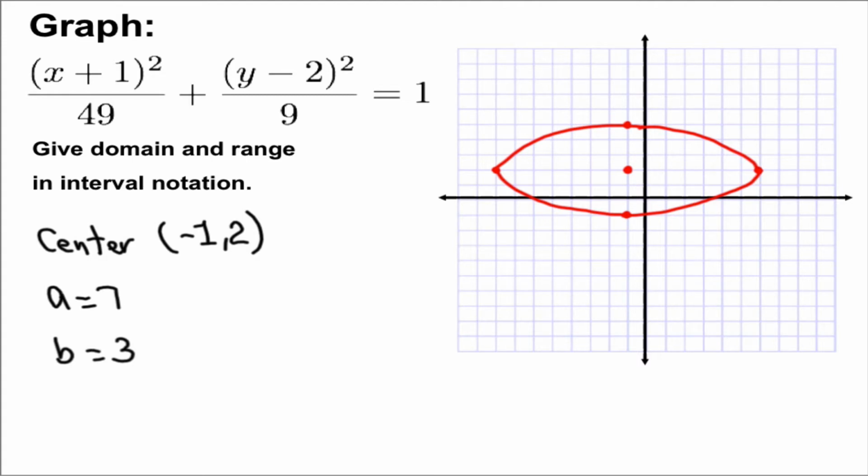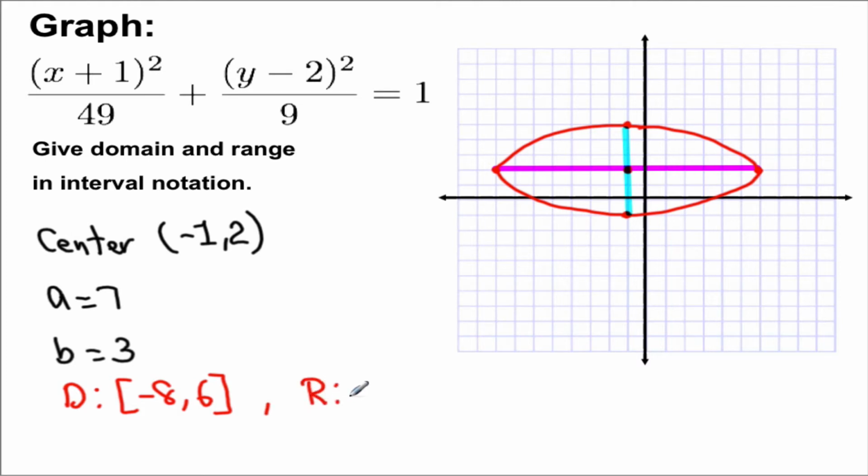Now, once again, if you take higher courses in math, you learn about other properties of these graphs. Here, we're only talking about how to graph them. The domain in this problem will be from -8 to +6.